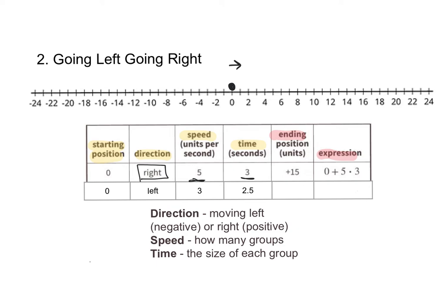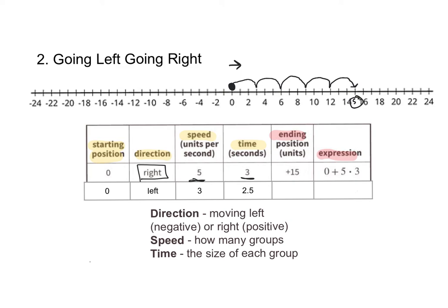Moving to the right, there's 1 group, 2 groups, 3 groups, 4 groups, and 5 groups. We're landing here at 15.